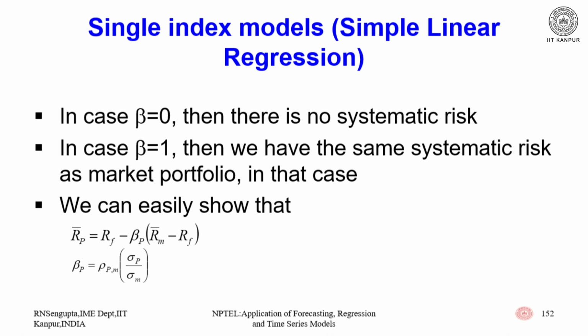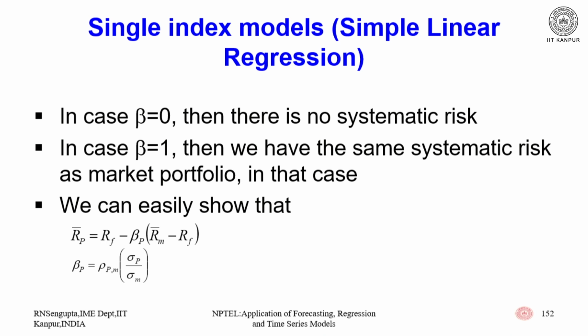If beta is 1, then we have systematic risk as the market portfolio. In that case, the increase and decrease of the rate of return or total return for the stock is totally dependent on the market, with a correlation coefficient of plus 1.